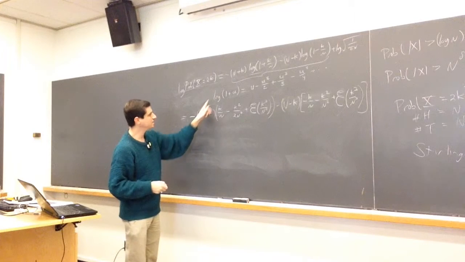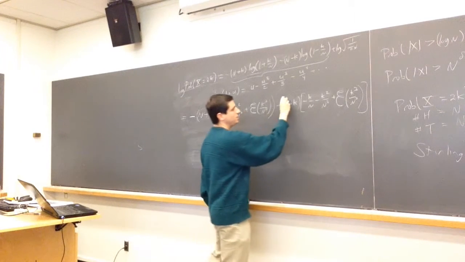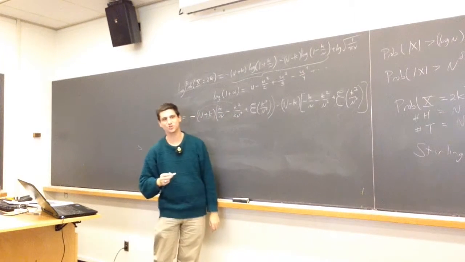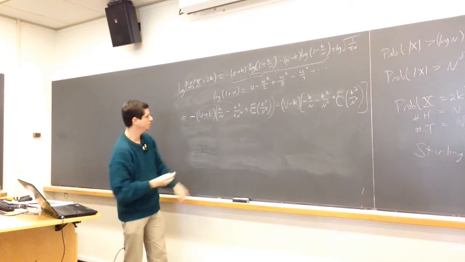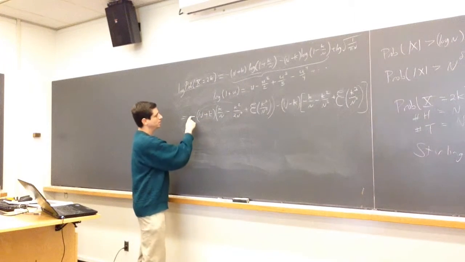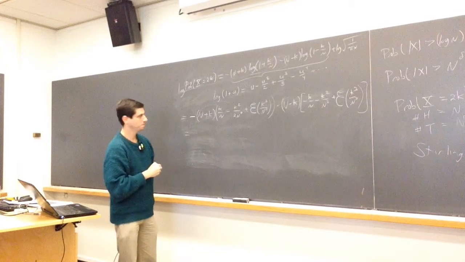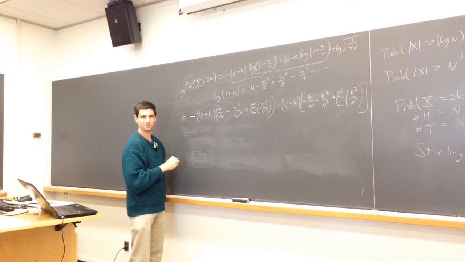Now we have the minus n hits this. What does this remind you of from algebra class all those years ago? FOIL. We're just doing it very slowly. So we'll have a minus n times a minus k squared over 2n. So that piece will give us minus times minus is a plus, right? Yes? Minus times minus is a plus.